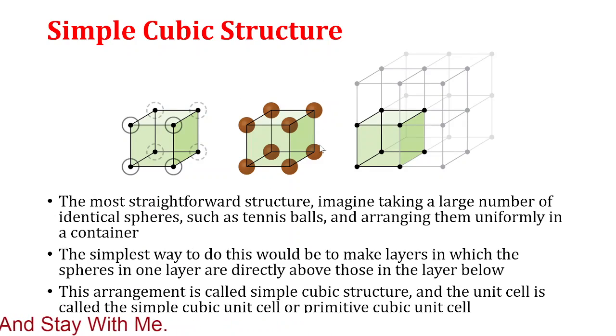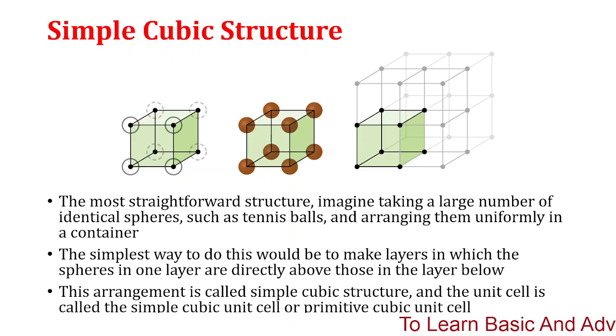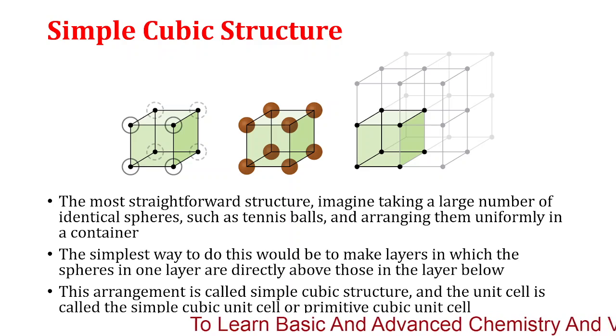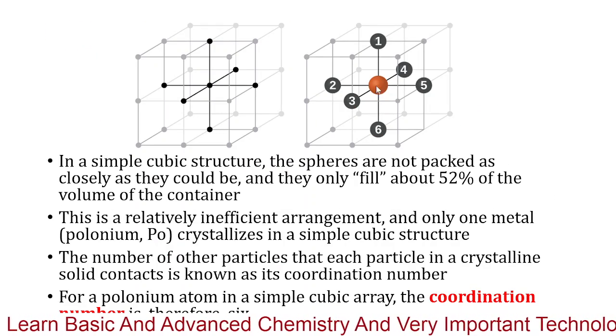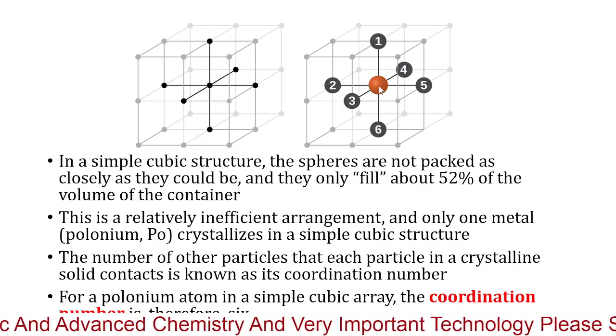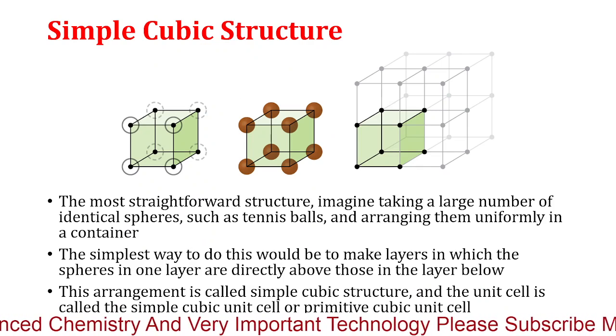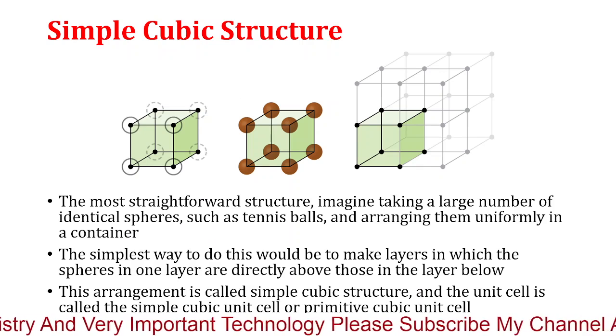I have changed that slide. I have mentioned that one atom can have bonds with 6 different atoms. Therefore, the coordination number for this atom is 6. Now, please tell me the definition for coordination number.